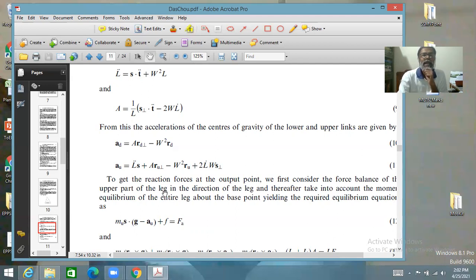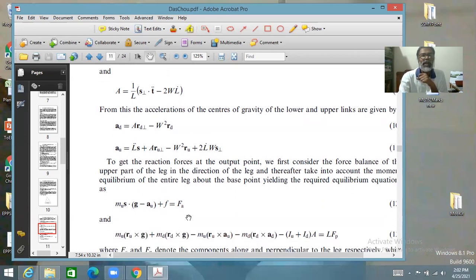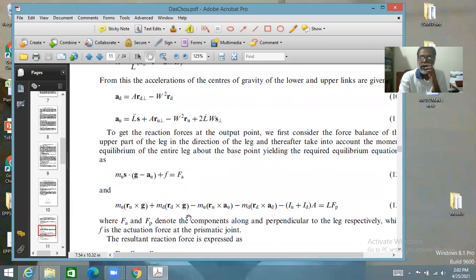Okay, and then we consider the force at the top point, connection point, and that force has two components. One is along the leg, that is why it has dot product with S. Okay, gravity component it has come, inertia component has come, and the actuator force has come.